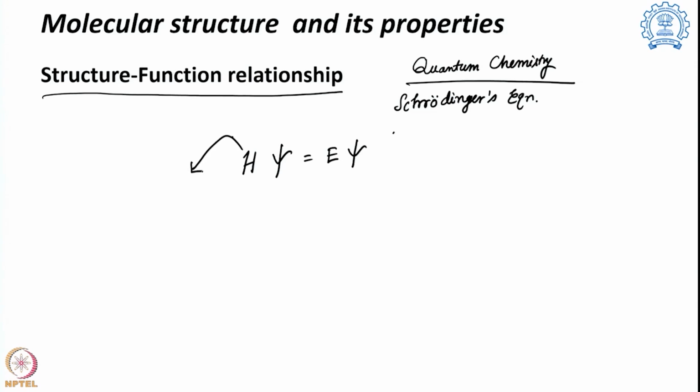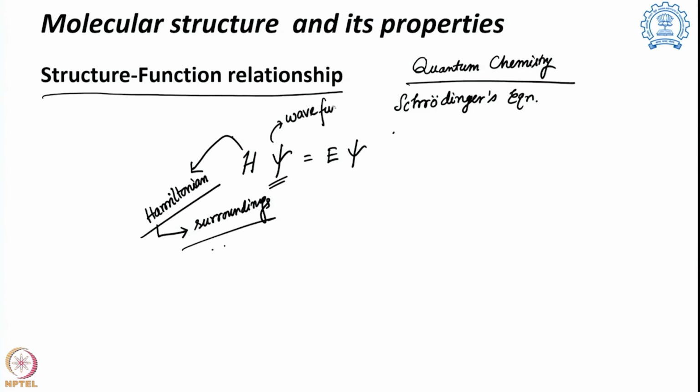This term H, which is known as the Hamiltonian, is nothing but a system which actually defines our surrounding. We will come into that a little bit later. This psi is known as the wave function.